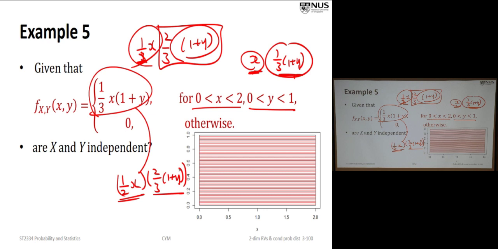If the formula for the joint PDF is not over a product space, but over a region which is not a product space, then it is not independent. If f of xy can be written as the product of two factors, one involving only x and the other involving only y, then x and y are independent.